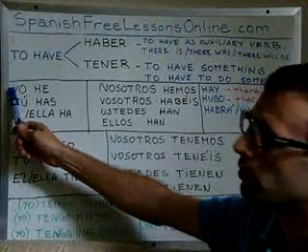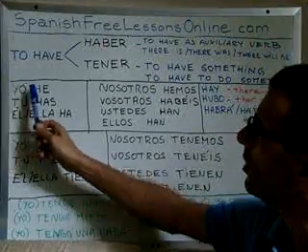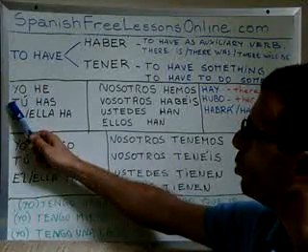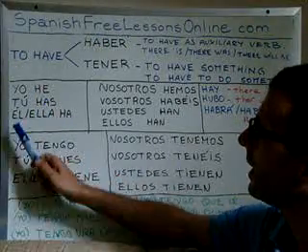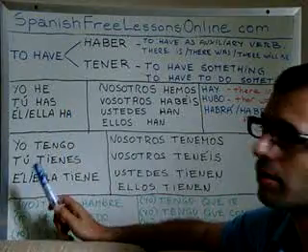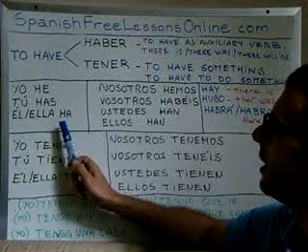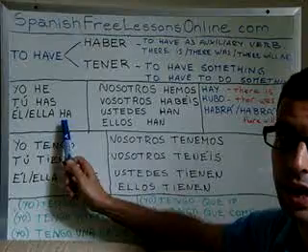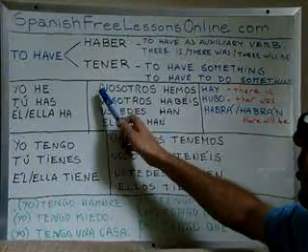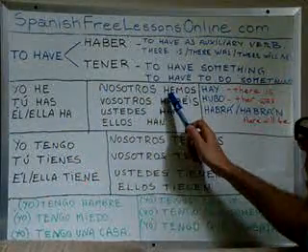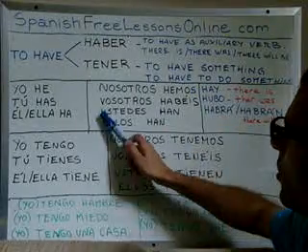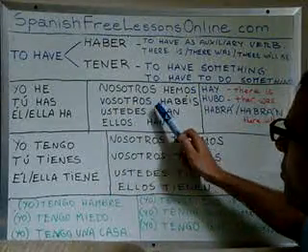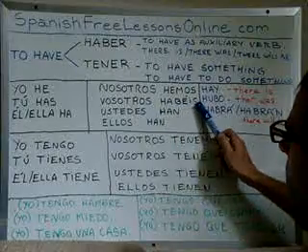For the first person, yo. Yo he. Tú has. Él ha. Or ella ha. She has. Okay? Nosotros hemos. Vosotros habéis.